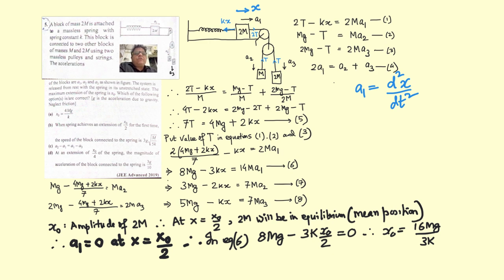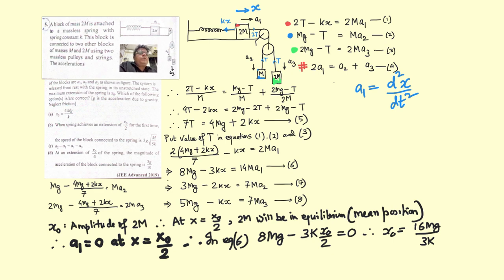These are straightforward equations, right? 2T minus kx is 2m times a1 for that block. Next, for this small m block, mg minus T equals m a2, and for that 2m block going vertically, 2mg minus T equals m a3, and you already know the constraint equation that will be 2a1 equals a2 plus a3.